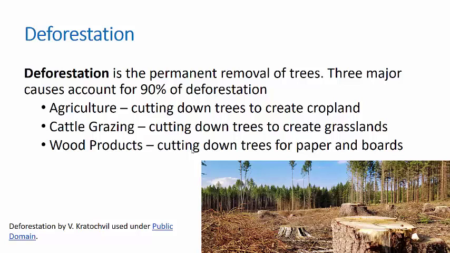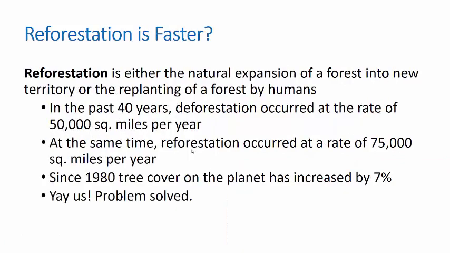We cut down, replant immediately, and even selective cutting where they don't cut every single tree down. They cut like 2 out of every 3 so that you still have a whole bunch of trees left. And then so that your forest naturally regrows, okay, so you don't lose all your wildlife. So there's all different sorts of things. We can do that because we're rich. And do we need to?